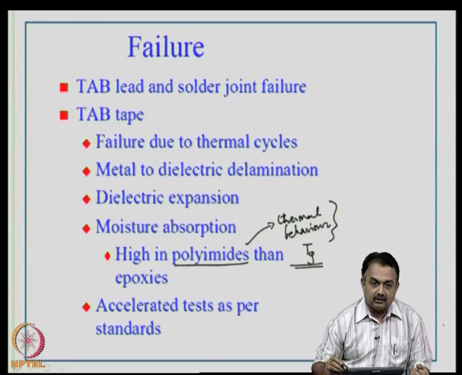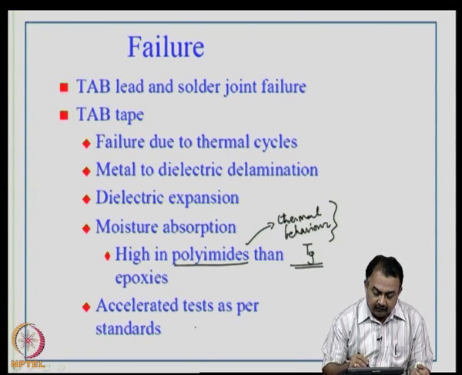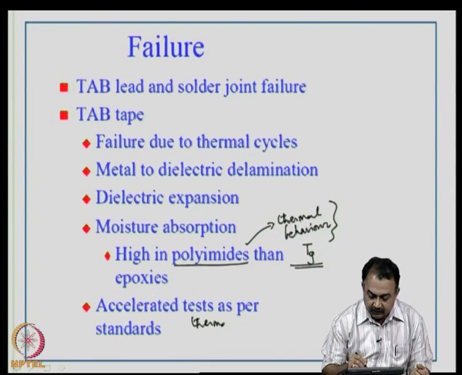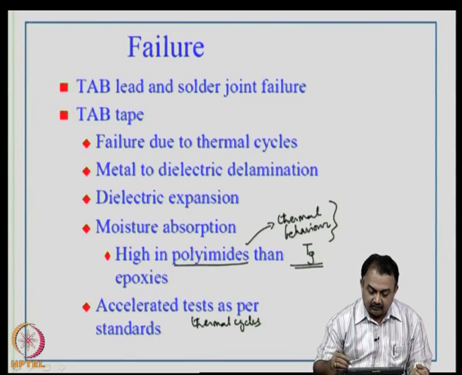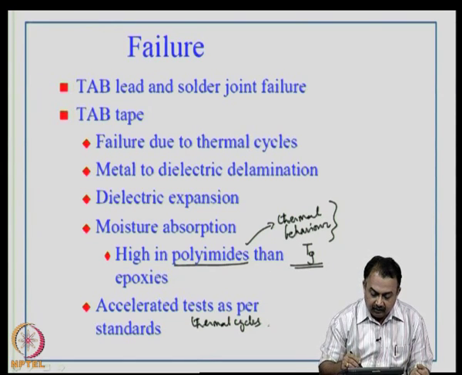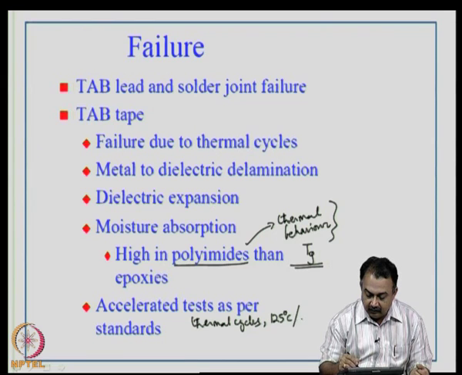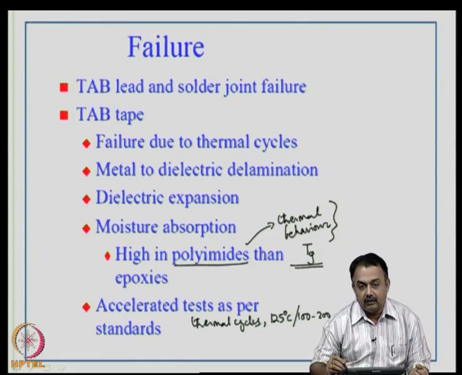So, what are these accelerated tests? Typically, you run thermal cycling of these finished TAB boards. There are certain guidelines. So, it can be constant temperature like 125 degrees centigrade for 100 hours, 200 hours and so on, before you really look at the failure happening at the bond site.